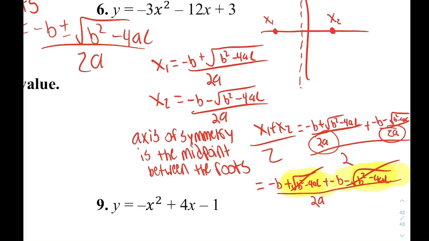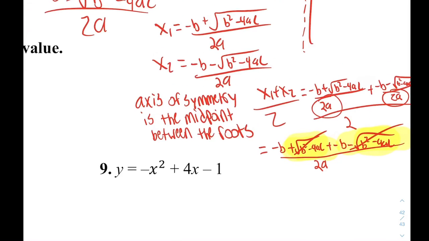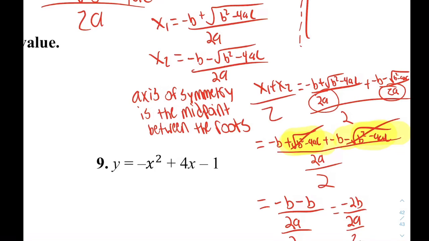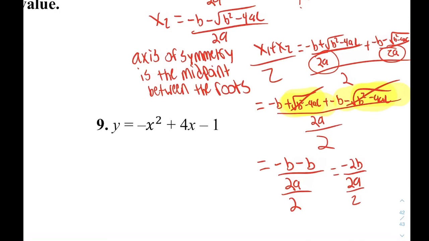And then I have a negative b plus negative b, so that's going to equal, well, let me finish this one thing. I didn't put that divided by 2. Divided by 2. So this is going to be equal to negative b minus b divided by 2a divided by 2. So that's negative 2b divided by 2a divided by 2.